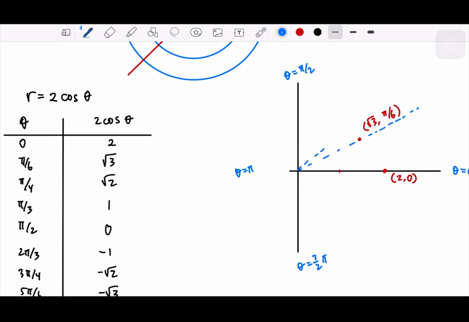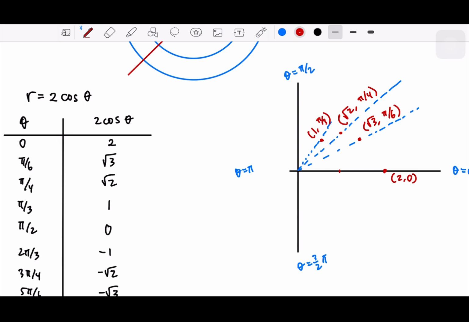And then pi over 4, maybe here. This will be square root of 2 at pi over 4. And then pi over 3, this will seem symmetrical with the pi over 6, right? This will be 1, at pi over 3, sorry.